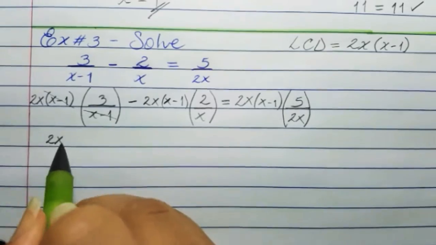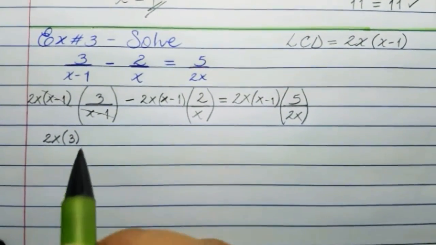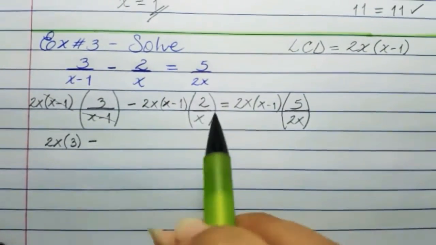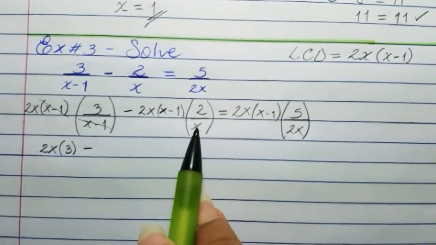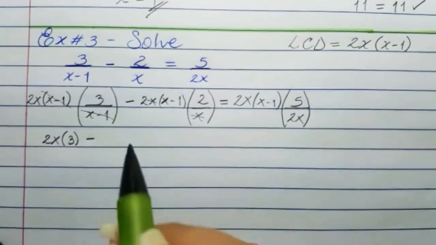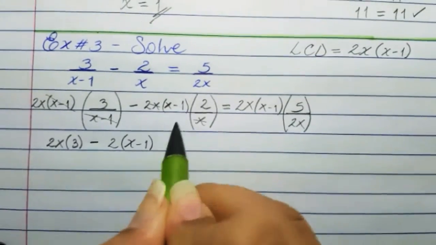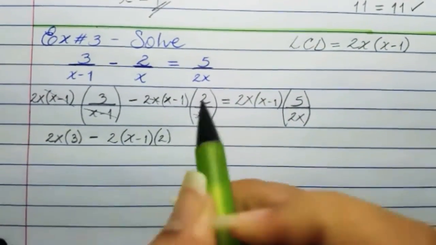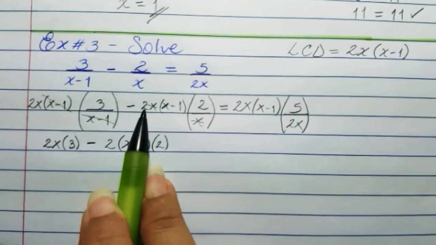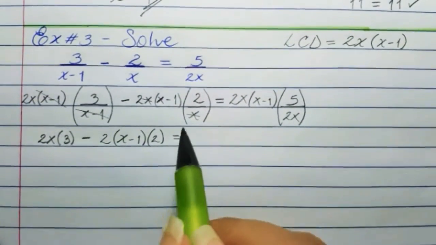Well, 2x times 3, minus, let's cancel this x with this x, 2 times x minus 1 times 2. This 2 is the one in the front and this 2 is the one in the fraction. Let's continue canceling.